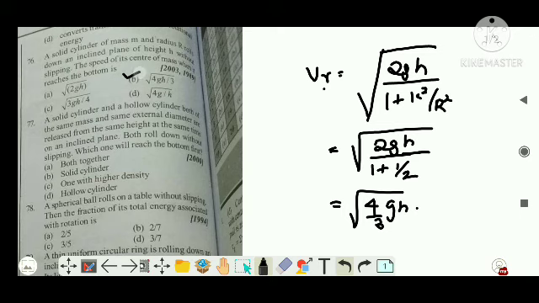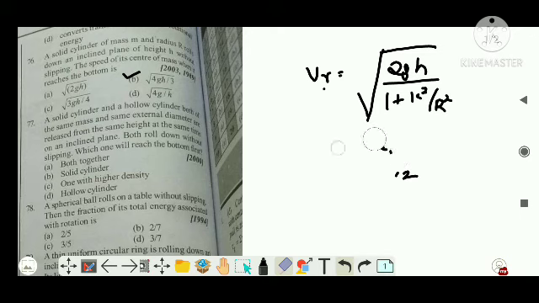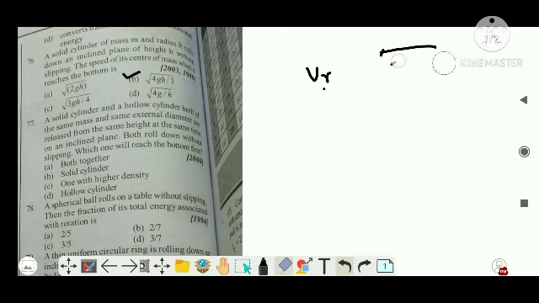So you straight away get this answer. Clear? This is the profit of learning the k squared by r squared value. It helps a lot, guys. So moving on to the next question.